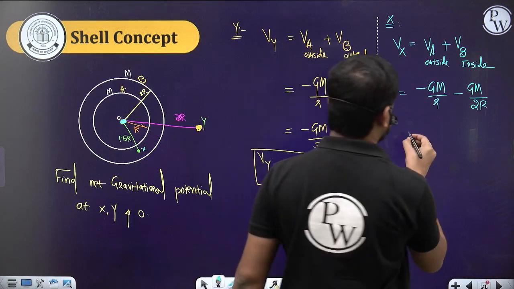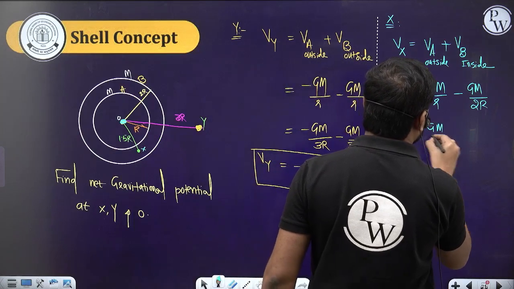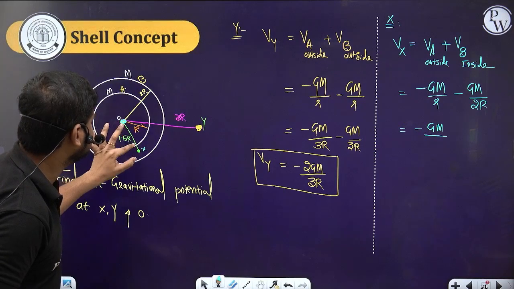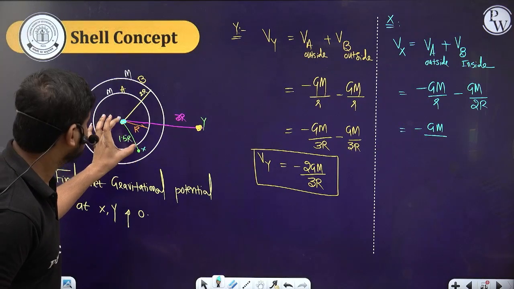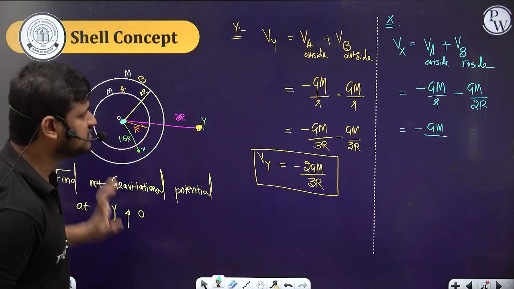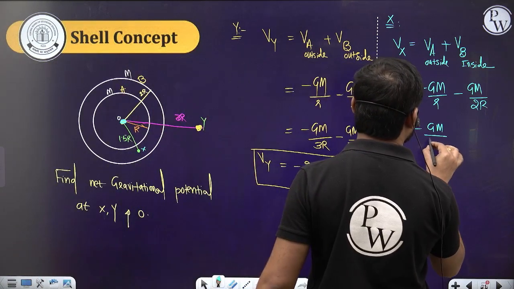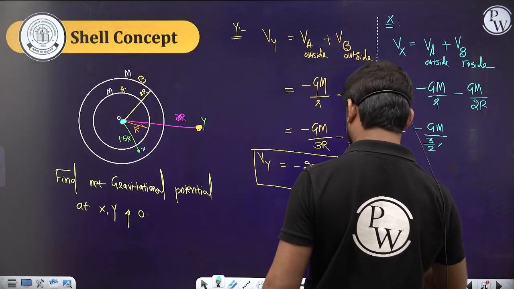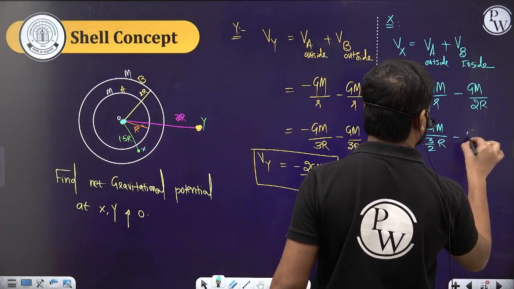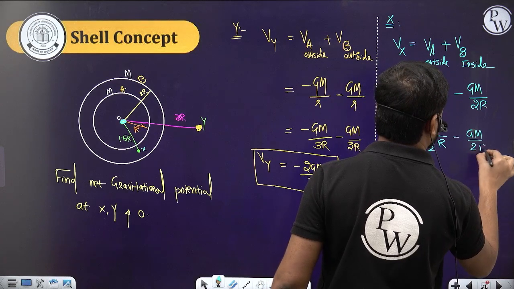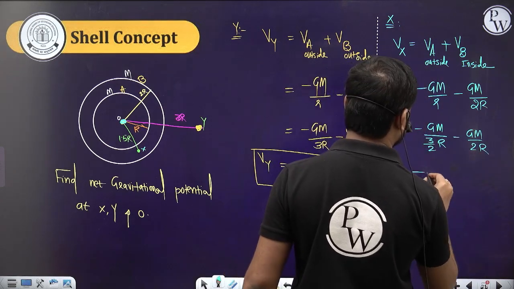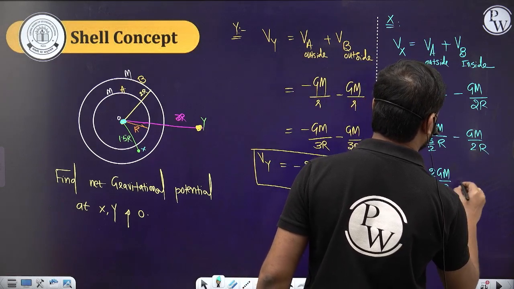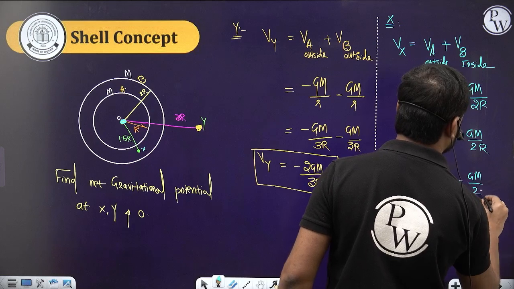The same thing, minus GM by, what is this small r? Small r distance is from here to here, because for shell A it is outside. So the small r is this distance, which is 1.5 r, which I am writing as 3 by 2 r. So minus GM by 3 by 2 r, which is minus 2GM by 3r, and then minus GM by 2r.